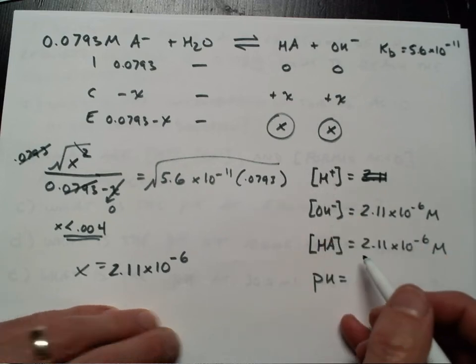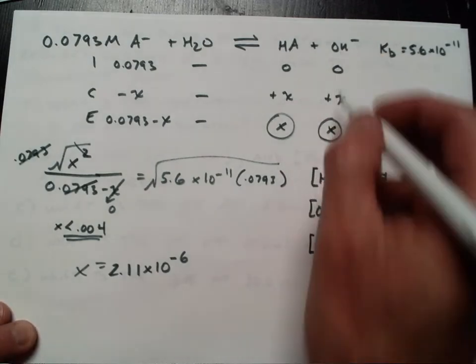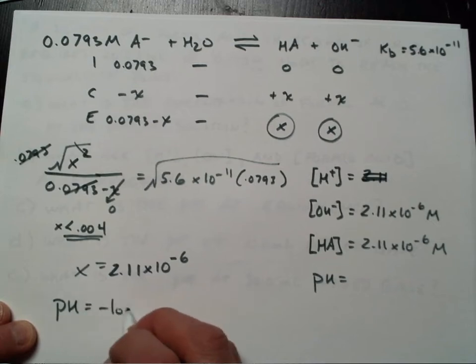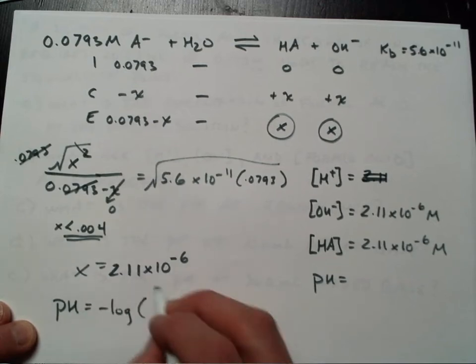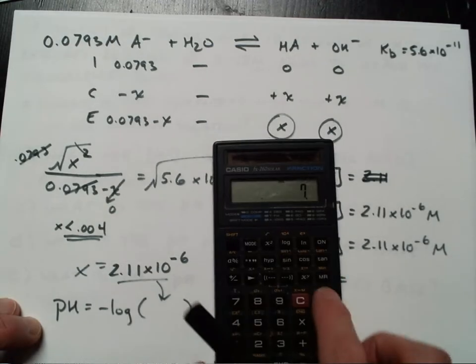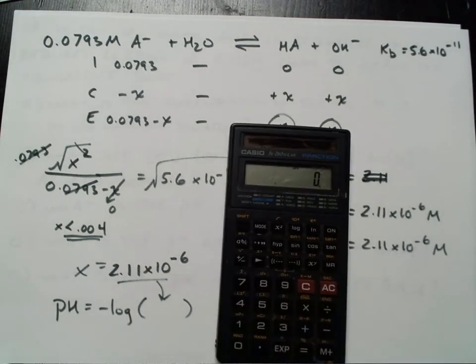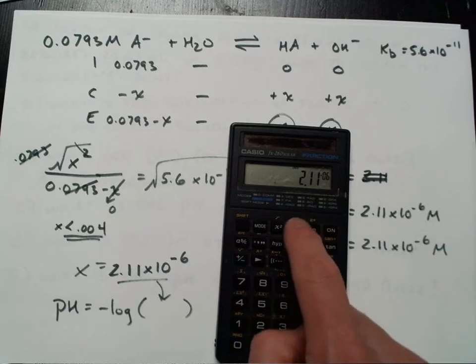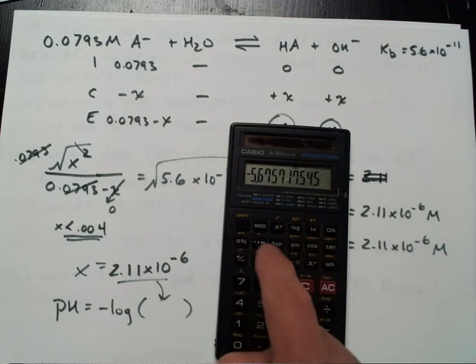What's my H plus concentration? Well, I don't know. I'm going to find the pOH first because that's easy. pOH is minus log of hydroxide, which is the minus log of this number here. So 2.11 times 10 to the negative 6. Let's take the log of that and make it positive.